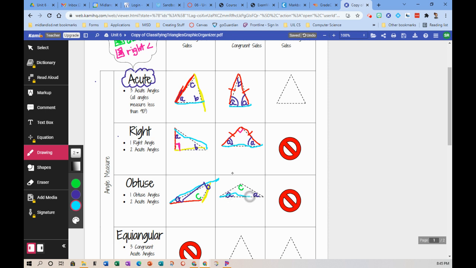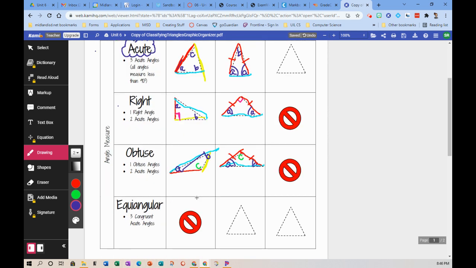Back on the line, Miss Rogers. And then we're going to have our short legs, or short sides, in orange. I am not drawing too well tonight. There we go. And once again, this side is congruent to that side. This angle is congruent to this angle.